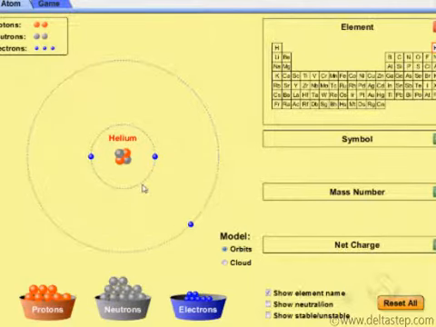Even if I try to add it in the first shell, it takes position in the second shell and not in the first shell. This is because by the 2n² rule, the first shell can accommodate a maximum of 2 electrons. So the third electron cannot be accommodated in the first shell, and it takes position in the second shell. Similarly, if I add one more electron, it takes its position in the second shell and not in the first shell.